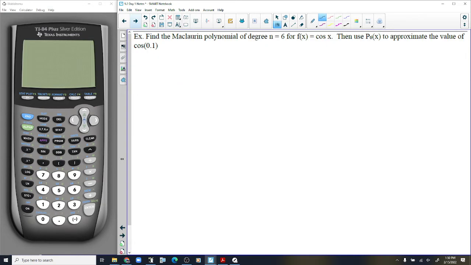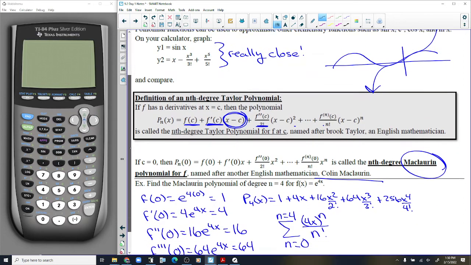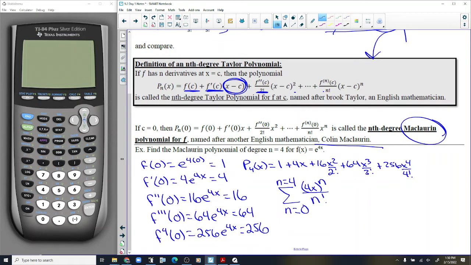But it doesn't ask to write that. Find the Maclaurin polynomial of degree n. Oh, let's back up. What should we pick? How about 0.1? Because we're at 0. Let's go f of 0.1, and let's go p sub 4 of 0.1.